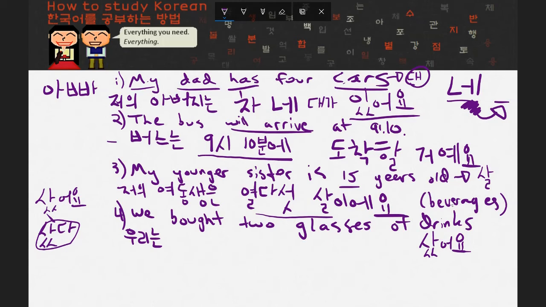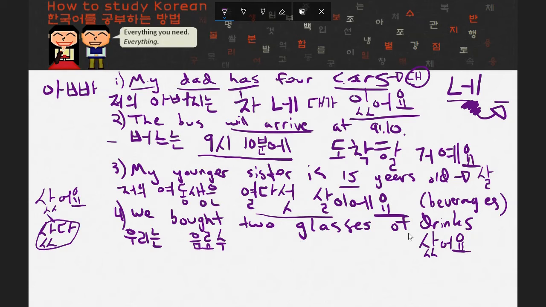Well, if I want to indicate that we bought beverages, I can use the noun for a drink or a beverage, 음료수. Right now, there's no object particle here, so it doesn't really say this at this point, but I guess you could say that this says we bought beverages. But we didn't just buy beverages.